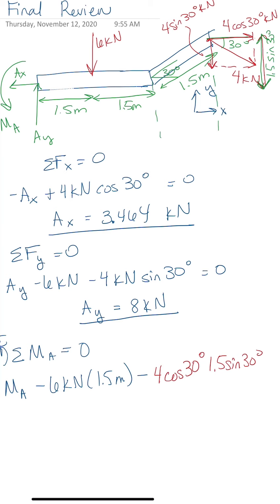And then this distance here will just be 1.5 cosine of 30 degrees. Then also that y component will create a negative moment, so minus 4 sine of 30 degrees, and then we want that x distance, so that's going to equal 1.5 meters plus 1.5 cosine of 30 degrees.